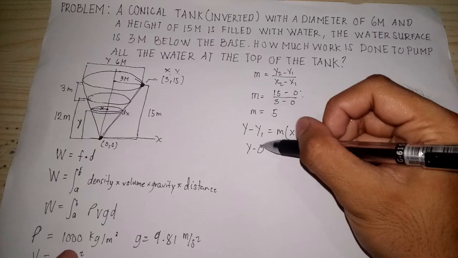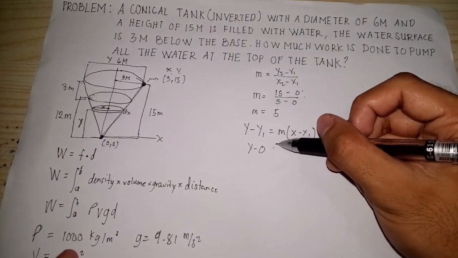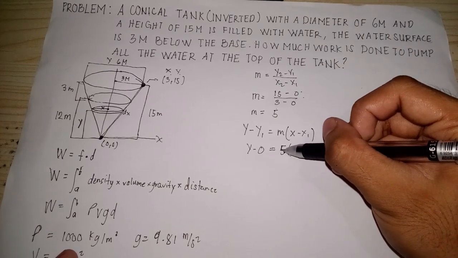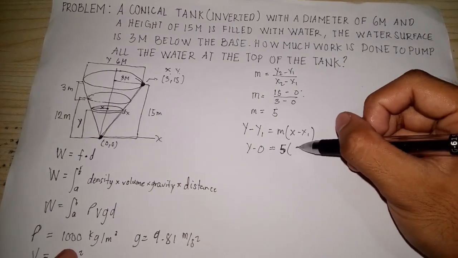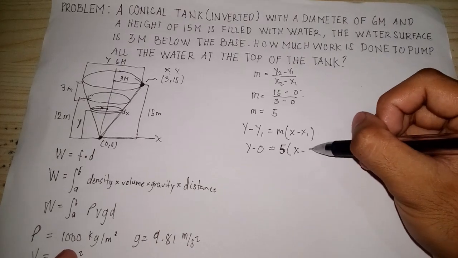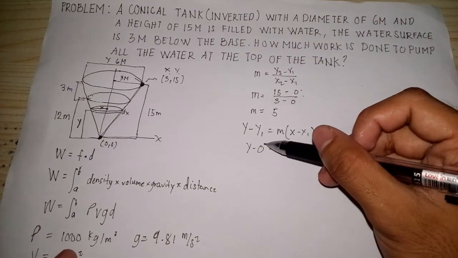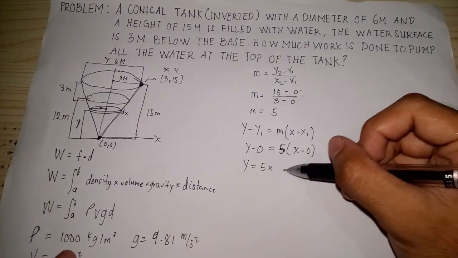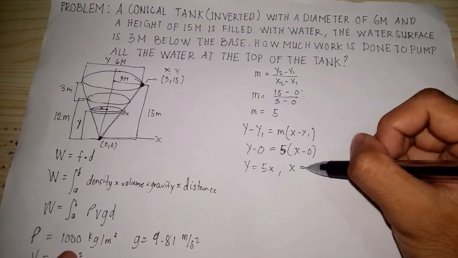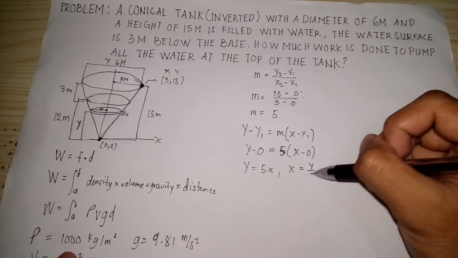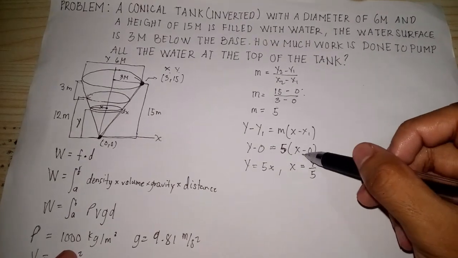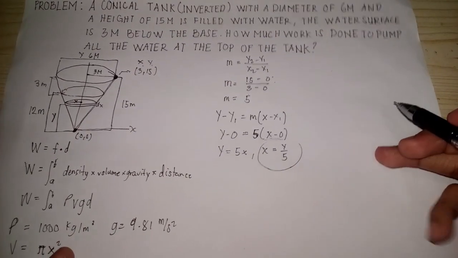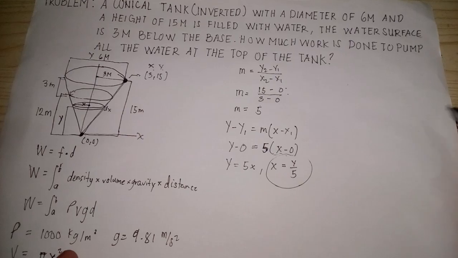Y minus 0, since y sub 1 is 0, then our slope is 5 times x minus 0. So y now is equal to 5x, then our x is equal to y over 5. We only need our x here, so we now need to plug that into our formula.